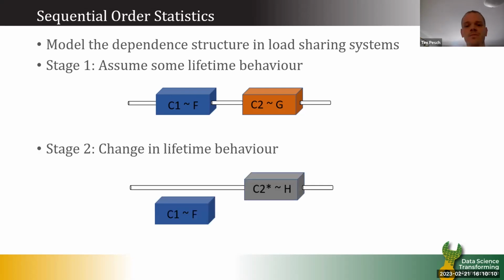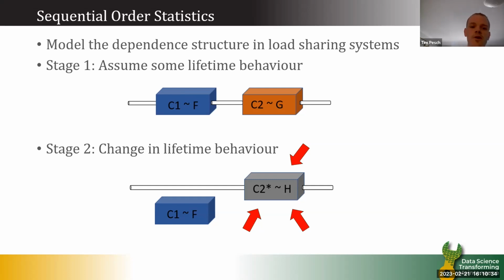And what's really the key point of this slide is that as potentially the first component fails or is taken out of the system for reasons of having to maintain it, the underpinning distribution function of the second component is now allowed to be different compared to what it was in the beginning of the experiment.